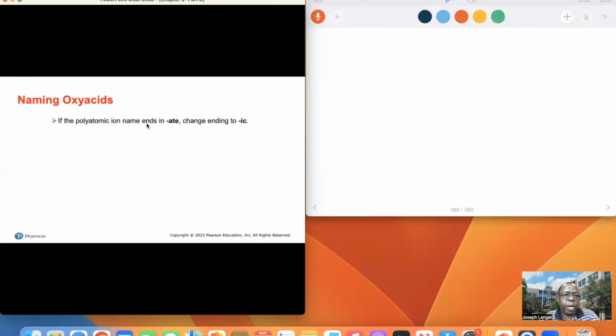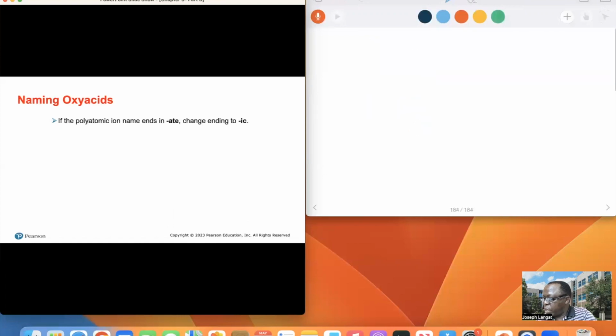If polyatomic ion, you see these polyatomic ions end with ATE and ITE. To illustrate, you'll be given such as HNO2 and HNO3.